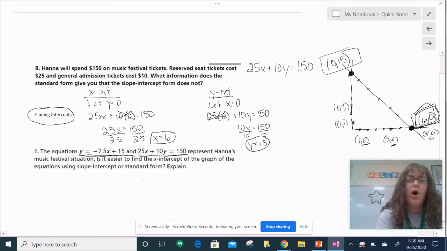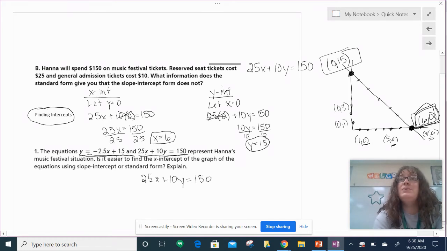Well, we know how to solve equations for variables, and so we can take this standard form equation. If we wanted it in slope-intercept form, we can move things around to isolate the y. So for instance, I can move this whole term, 25x, to the other side by subtracting 25x.